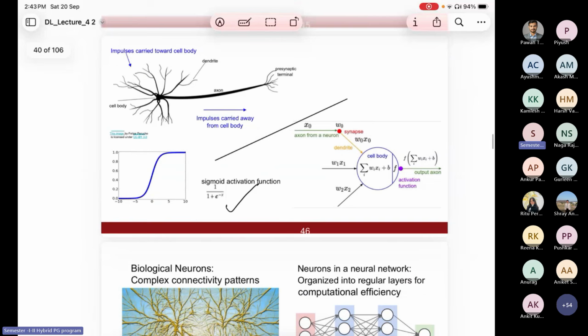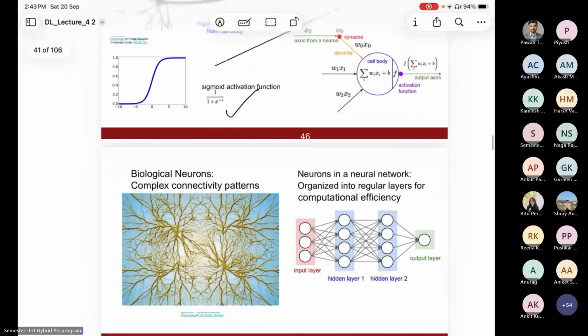But in reality, the biological neuron has a very complex connectivity pattern. Researchers have given the analogy, but in reality this is very, very complex. The pattern of the human brain is very, very complex. If I look at the neural network, it has a regular structure.